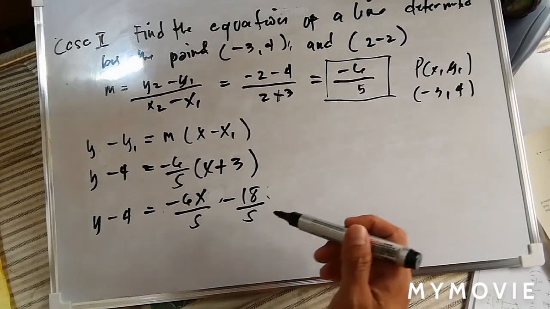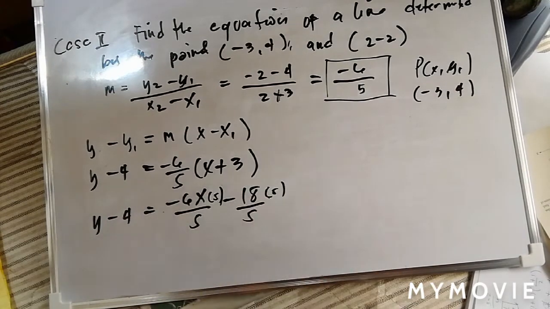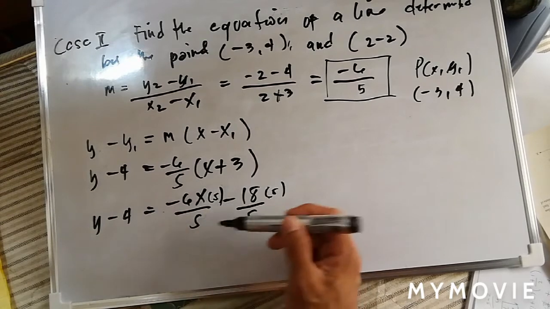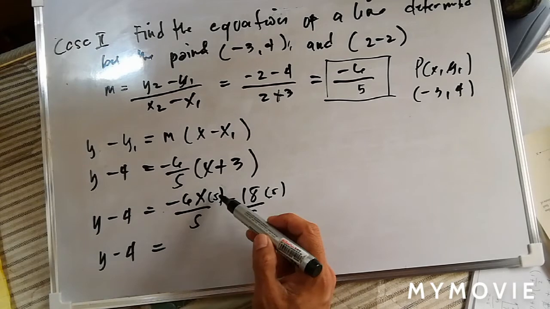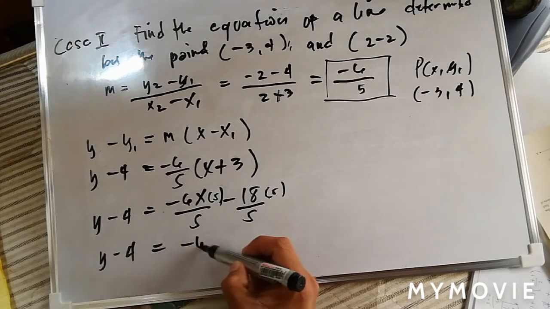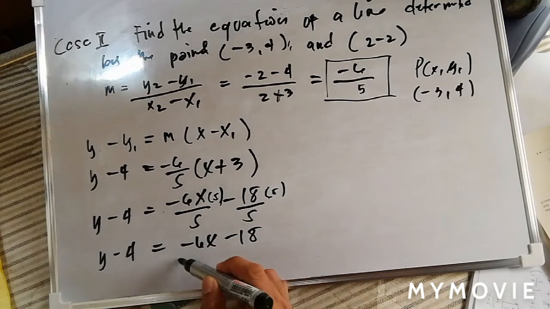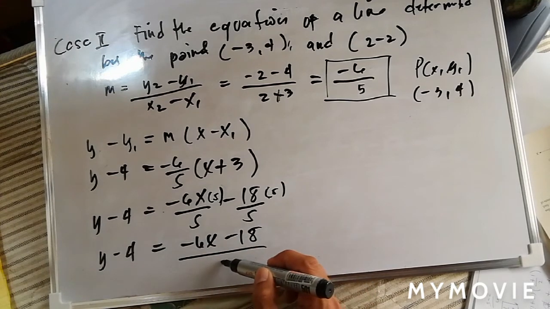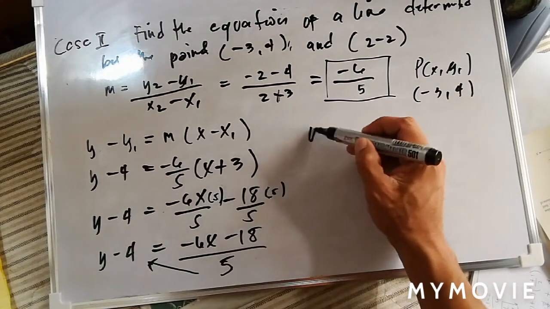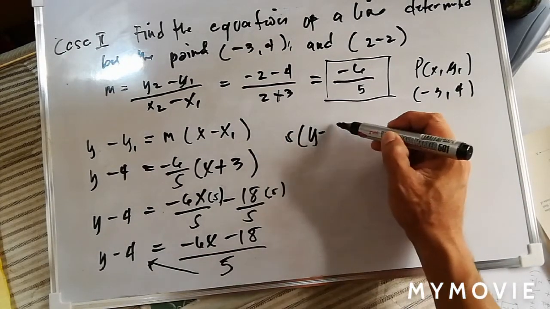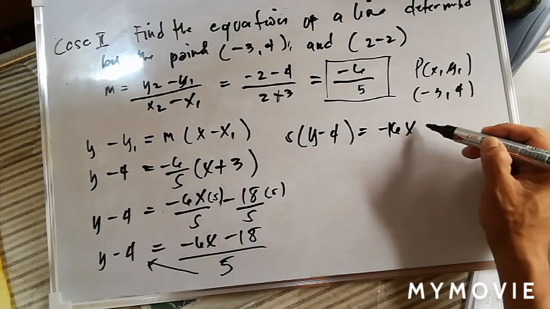Using the LCD 5: 5 divided by 5 is 1 times y minus 4, 5 divided by 5 is 1 times negative 6x, that is negative 6x, and 5 divided by 5 is 1 times negative 18, that's negative 18. Then multiply by the LCD that you have used: 5 times y minus 4 is equal to negative 6x minus 18.